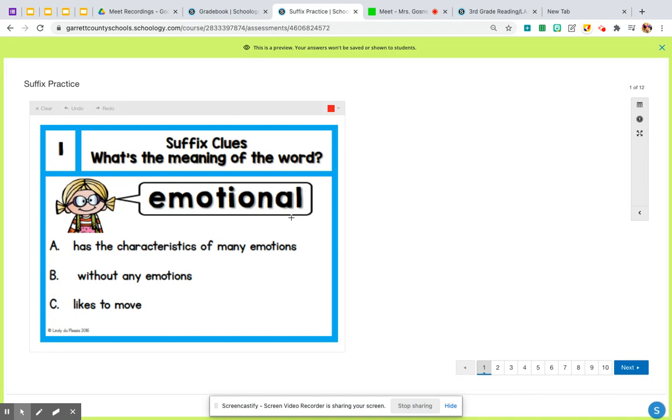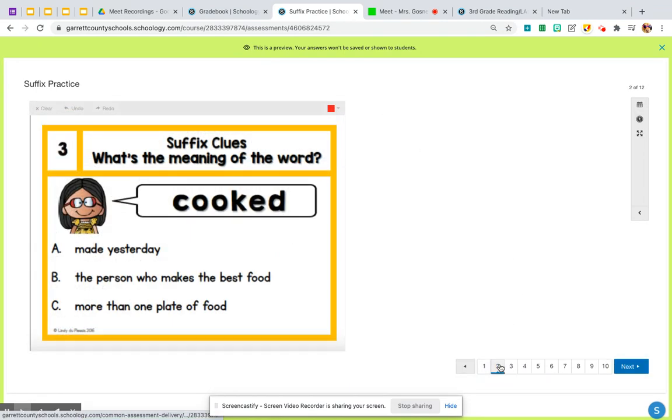Tell me what you remember. And you know what emotion means. So tell me, when someone is emotional, does it mean A, has the characteristics of many emotions, B, without emotions, or C, likes to move? Use your writing tool here to circle the correct response. There's only one.